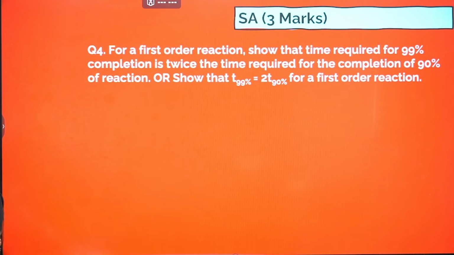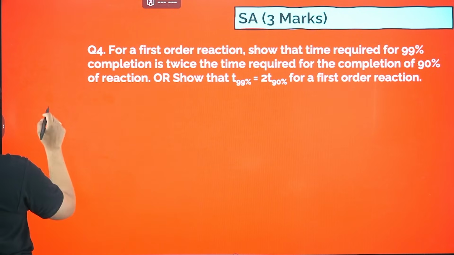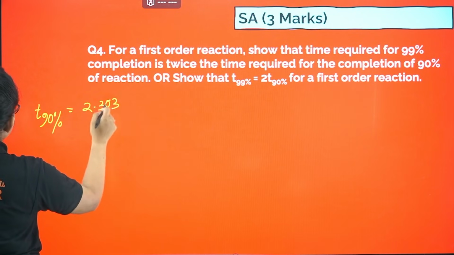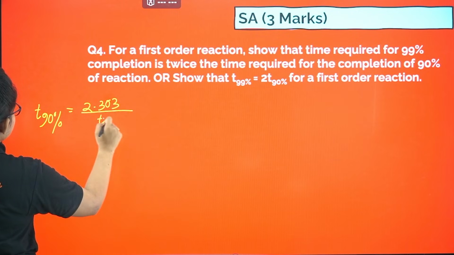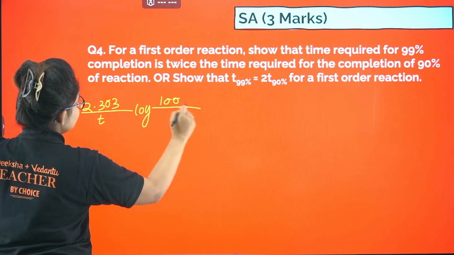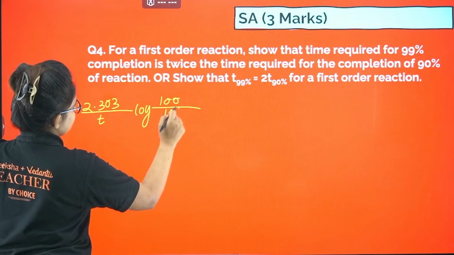Okay, so for a first order reaction, show that the time required for 99% completion is twice the time required for the completion of 90% reaction. Fine, let's do it. So T of 90%, that is 2.303 divided by K log A0 is 100, 90% completed means At is 10.